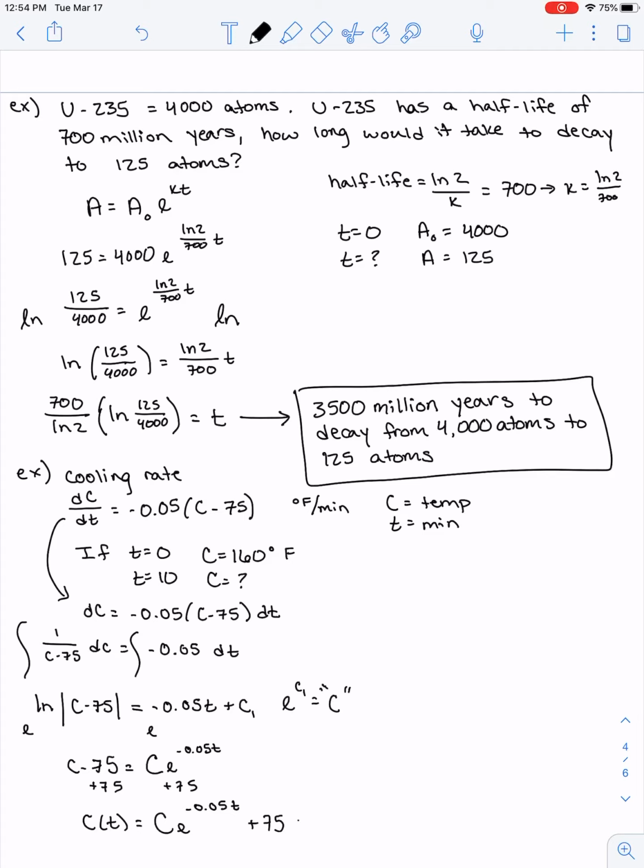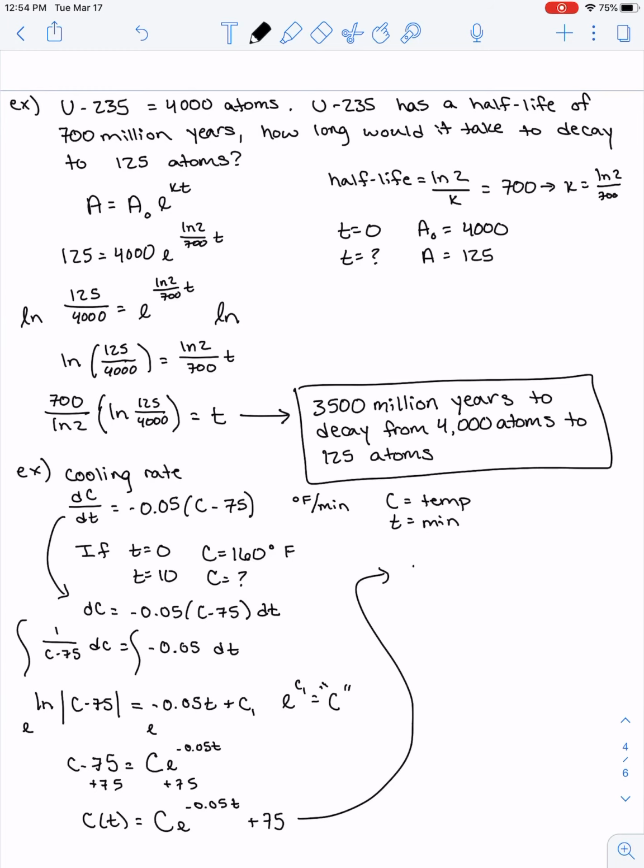Okay, let's go ahead and bring this up here. If I know that my temperature at time 0 is equal to 160, then I can say that 160 equals C e to the negative 0.05 times 0 plus 75. This goes to 1.